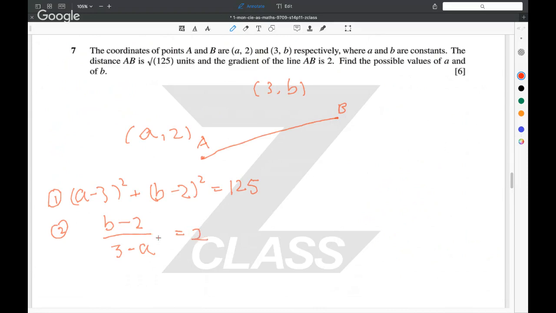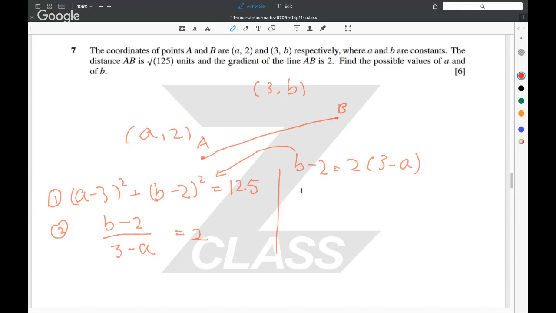We can quite easily spot that by substituting b minus 2 equals 2 times (3 minus a) into our first equation, we'll get a second order equation in a, and that will help you to solve for the value of a.